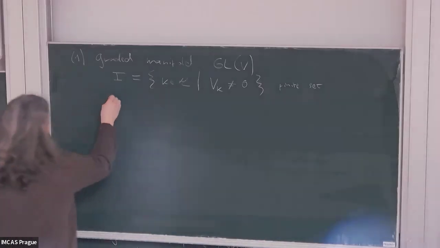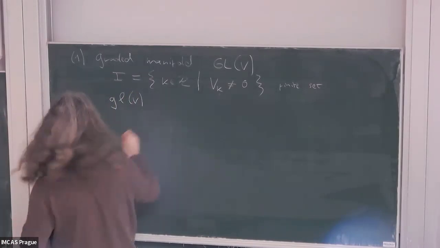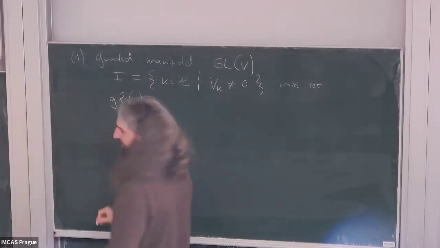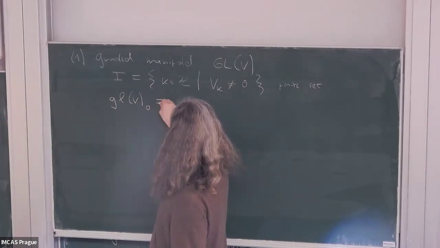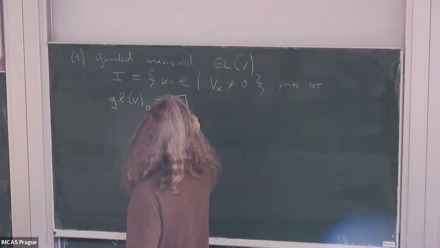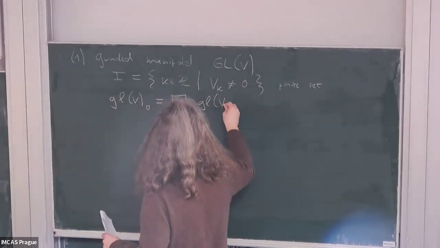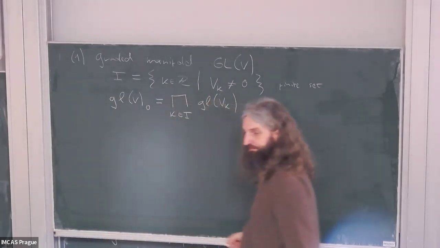And then you notice that the degree 0 part of this graded vector space GLV can be written as a product over this I of ordinary GLs of VKs.